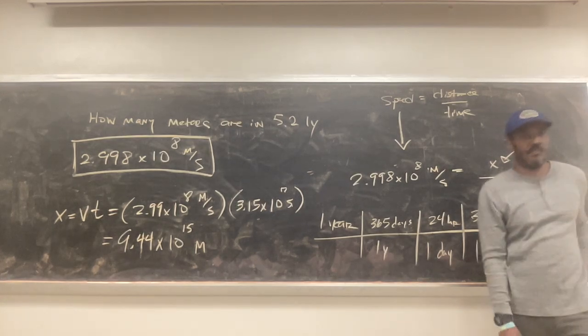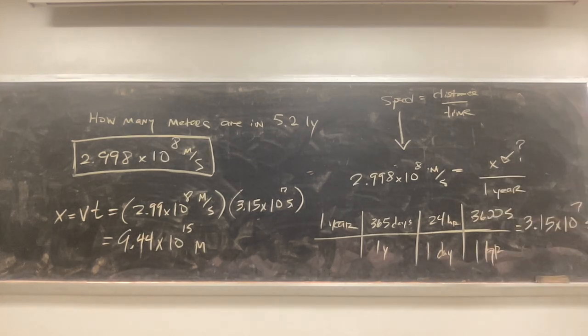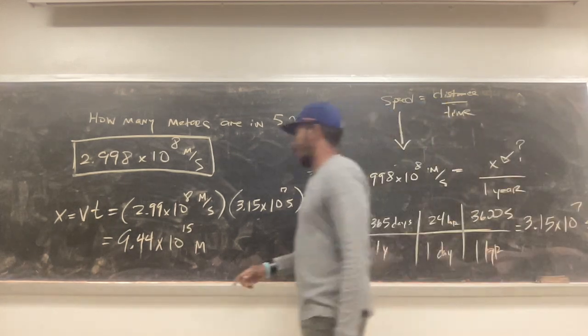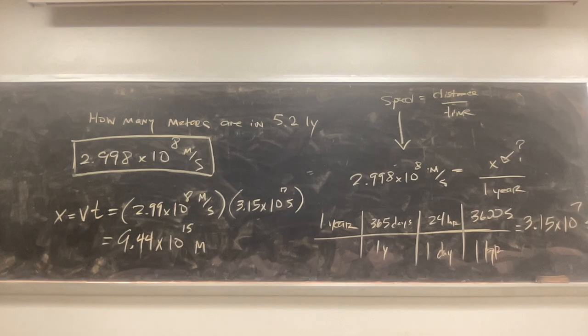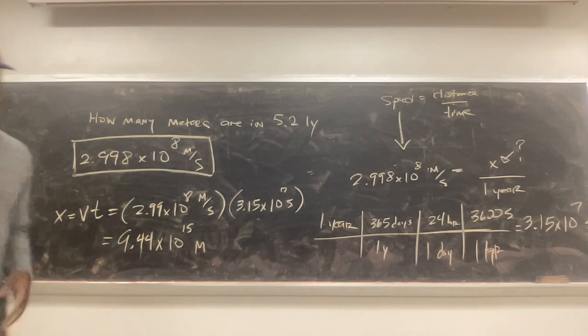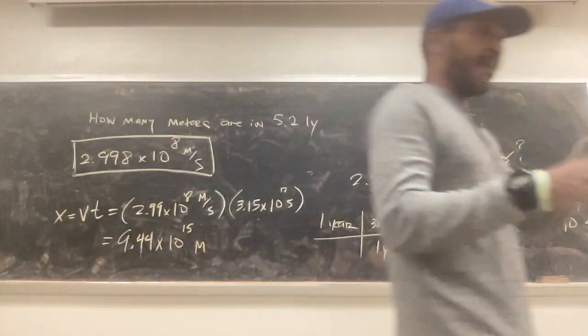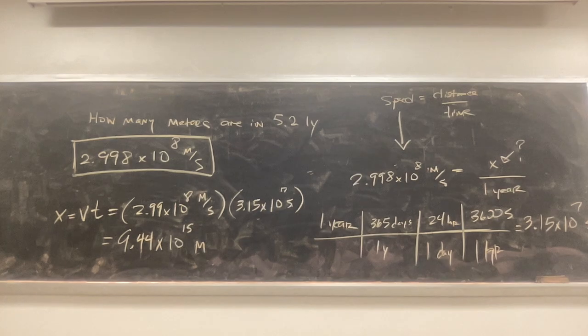Can you multiply the 3.15, the seconds, by the 5.2 and still get the same answer, or would it be different? Or do you have to wait until you multiply by the other thing first? Well, with math, there are a lot of different ways you can do things, as long as you don't break any rules and it's logical.